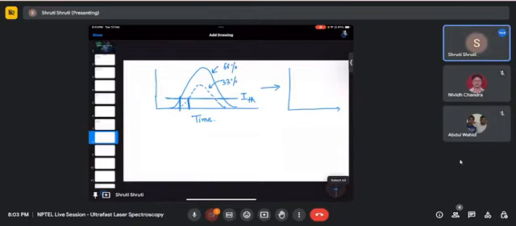Okay, the global parameters. So in this lecture, sir has not taught about global fitting and all, or did he? In this week's lecture. Okay.